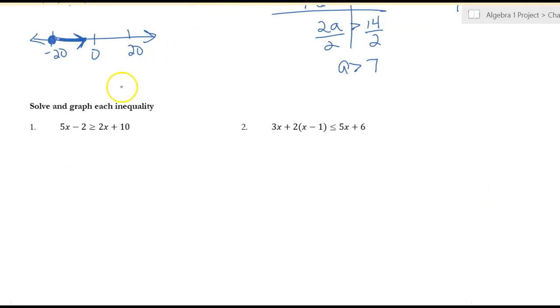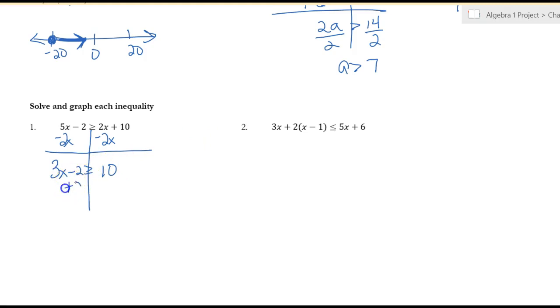Okay, so down here we have an inequality with variables on both sides. So I'm going to minus 2x, get rid of the variables first. I'm going to always move my variables to the left, so that way I don't have to switch my inequalities. And so 5x minus 2x is 3x, and then 10.